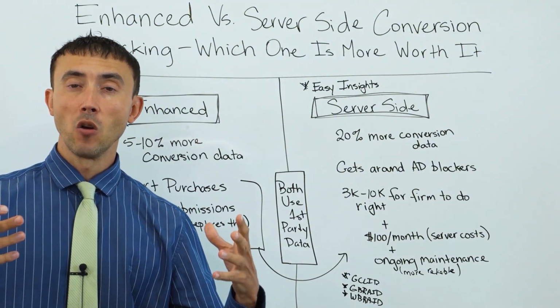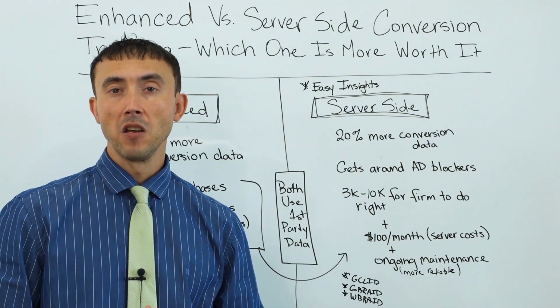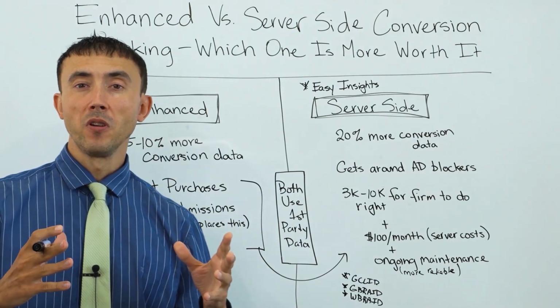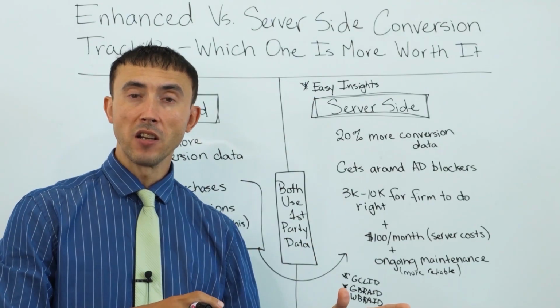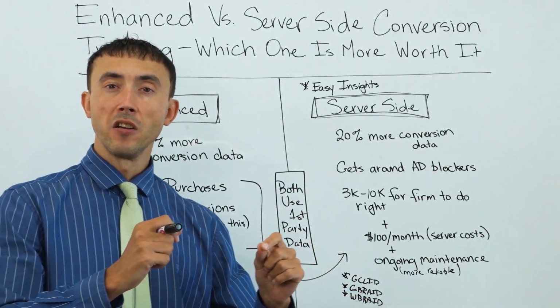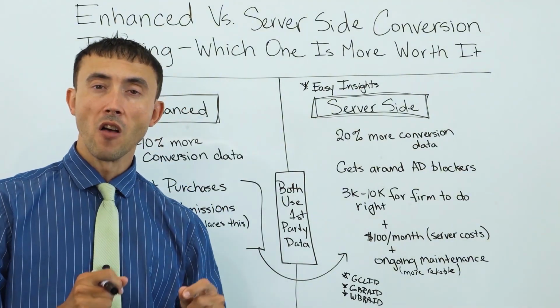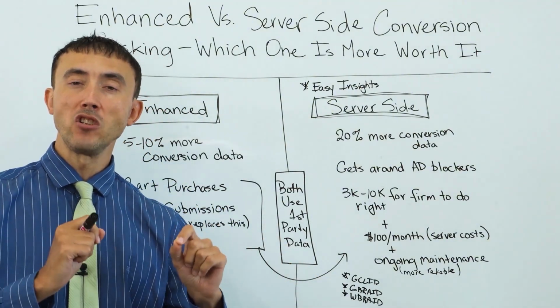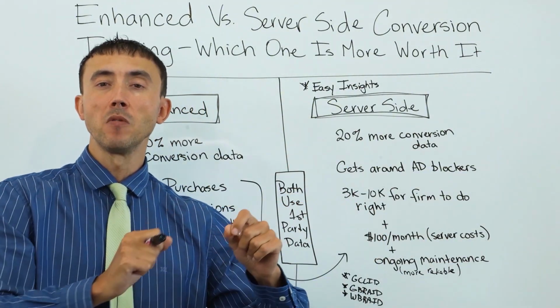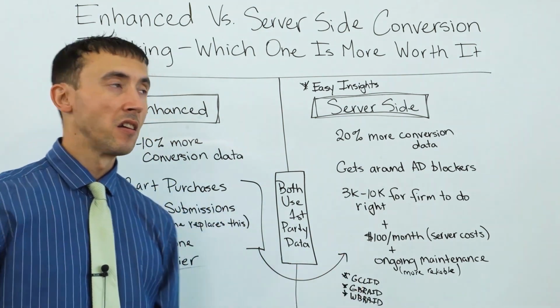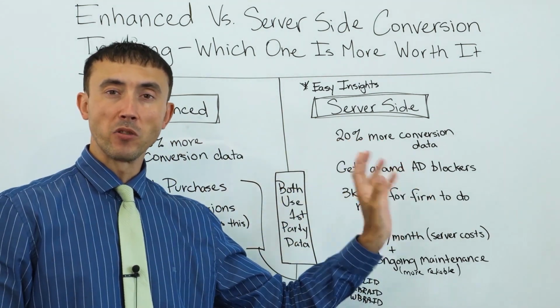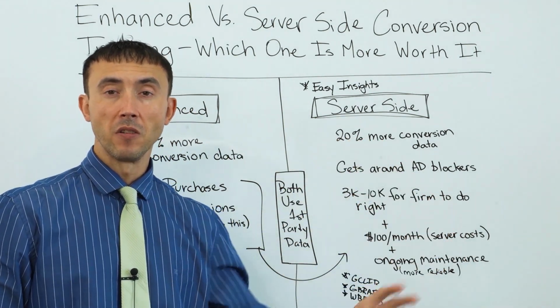That's significant because if the user's browser does not render the pixel code on their browser, then no information will be sent to Google Ads. And that happens more often than you would think, which is why you're going to make more money with server-side tracking specifically, if you will.